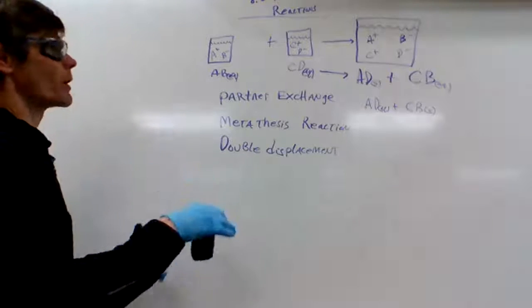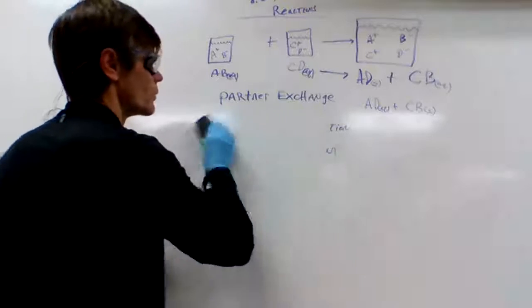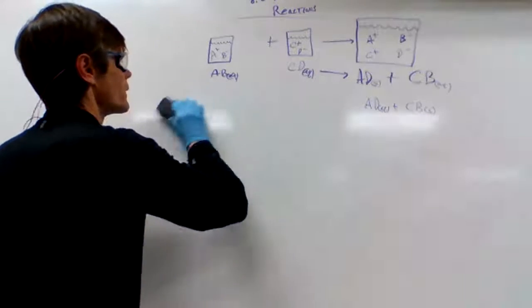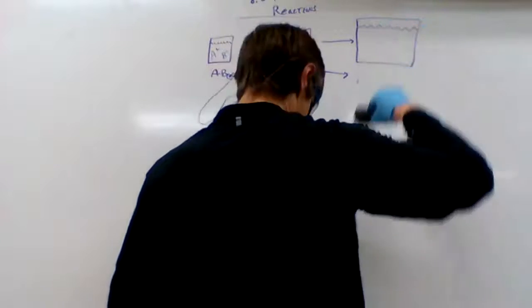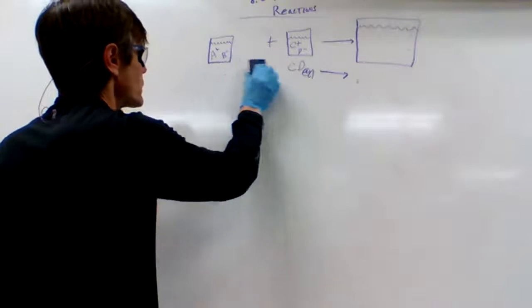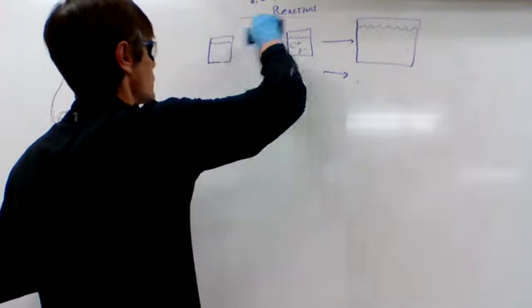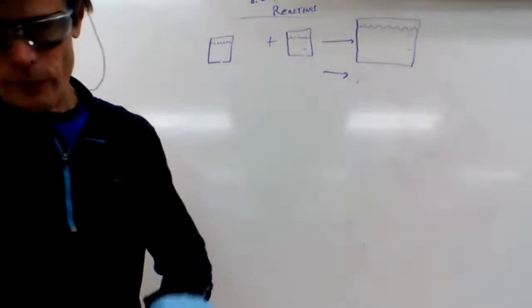So we're going to do a partner exchange process. And I'm going to show you the two reactants that we have. In beaker one, and it's this one.